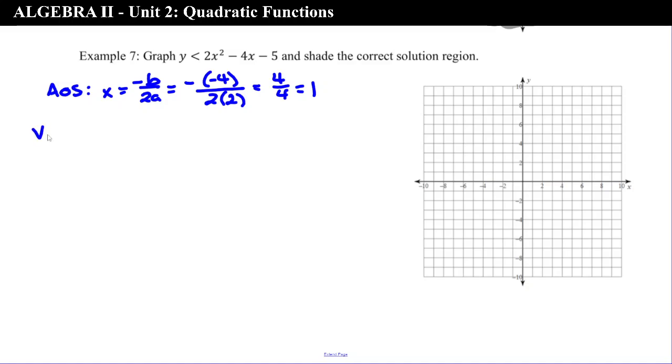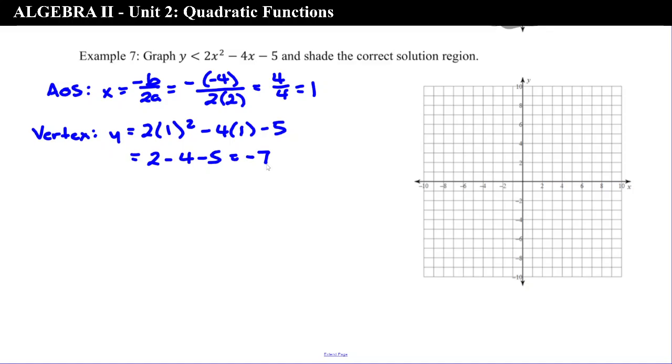To find the vertex, we're going to plug 1 back into the original equation. So 2 times 1 squared minus 4 times 1 minus 5. That's going to be 2 minus 4 minus 5, which gives us -7. And so our vertex is at 1, -7.